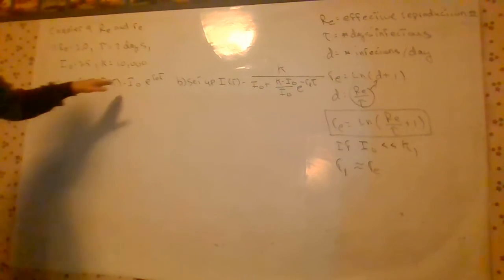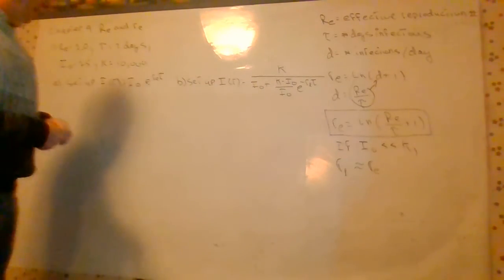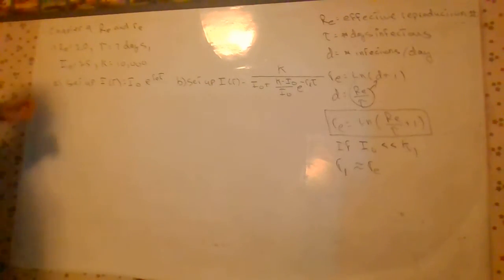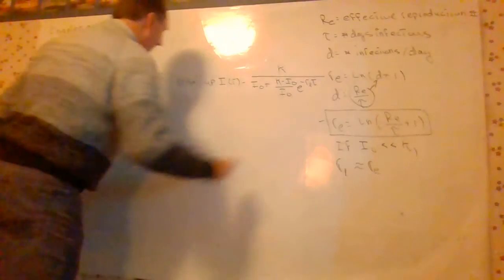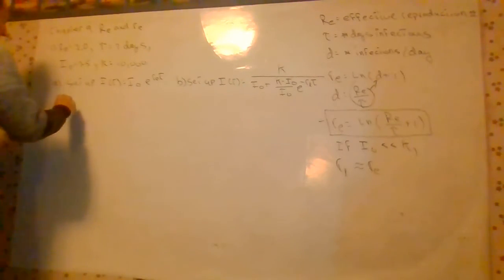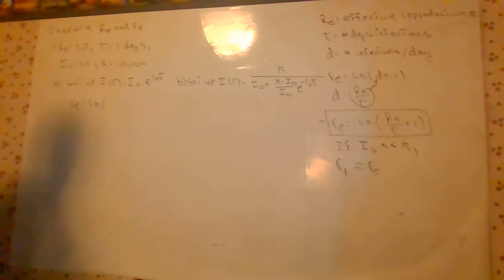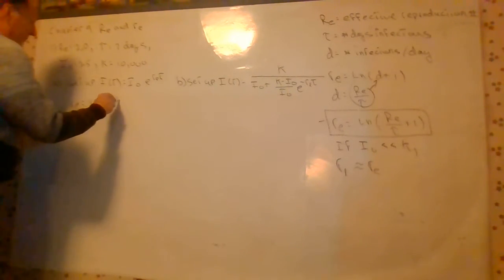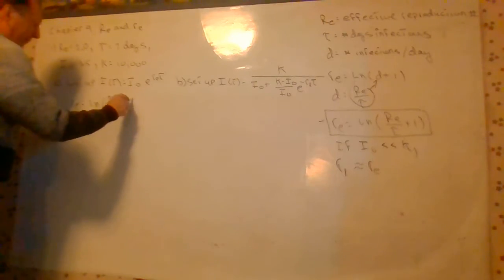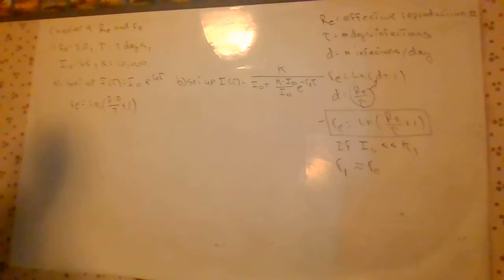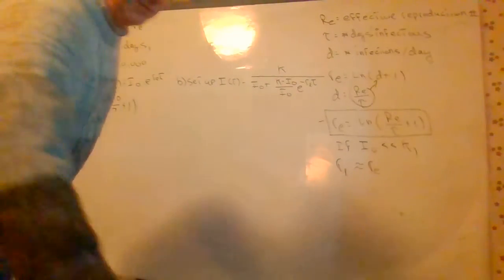Let's set up both the exponential and the logistic model. Well, first of all, we're going to use our formula right here. R_E is equal to natural log of 2.0 divided by 7 plus 1. Okay, tau goes in the denominator. That's a tau.